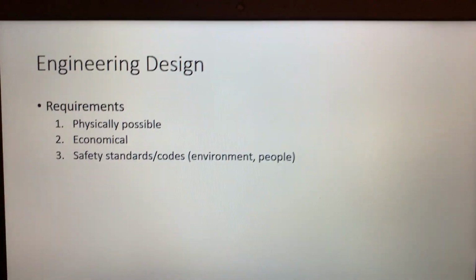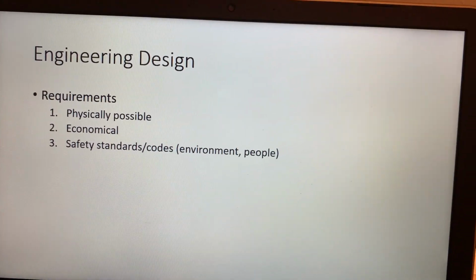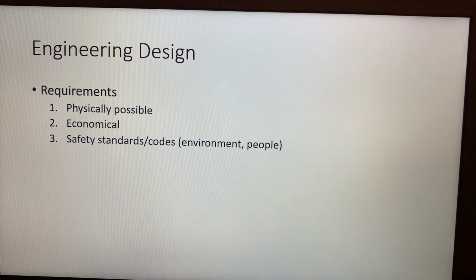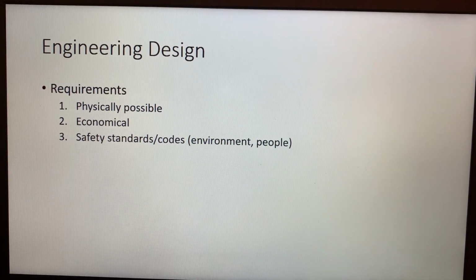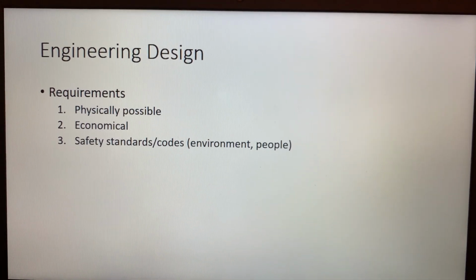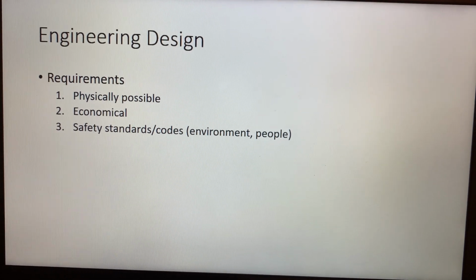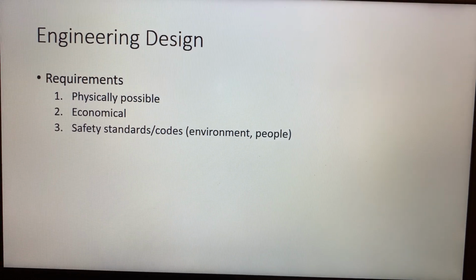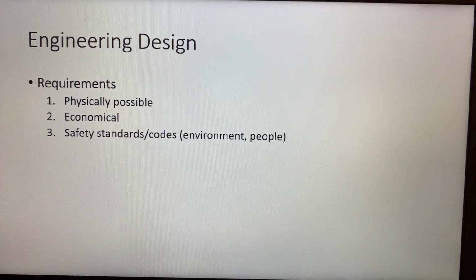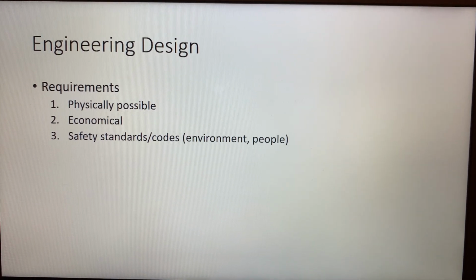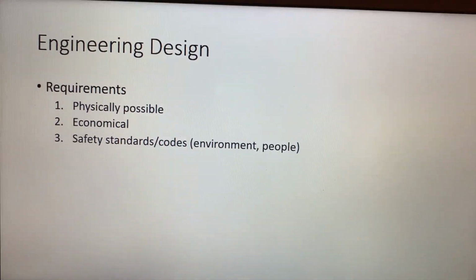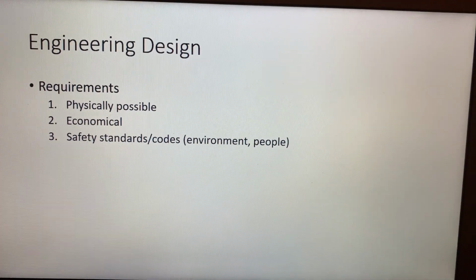In engineering design, there are some requirements. First of all, it has to be physically possible. As engineers, we've got to know that what we design can actually be used. It also has to be economical. We've got to know if the project we're designing is even worth it.